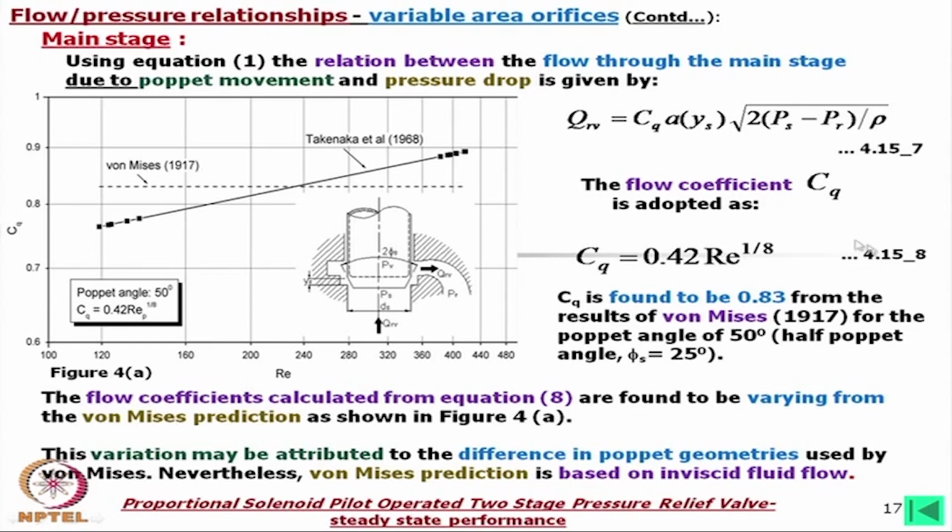But again, this is an empirical relation and depends on the geometry we are using. So for a particular valve this formula will be a particular formula. Maybe if you change this angle, this coefficient will be something different.